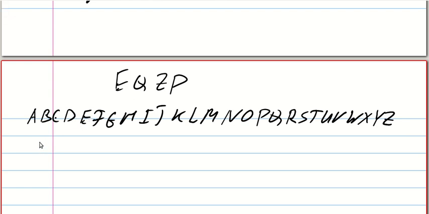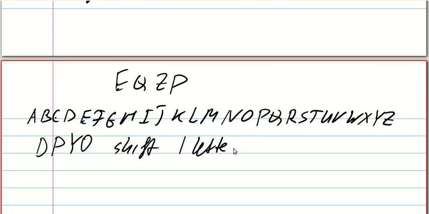So our first decryption will be D for E, for Q it's P, then for Z it's Y. We're moving one letter backwards, right? Let's finish it off first and then write it: O for P. So shift one letter to the left.